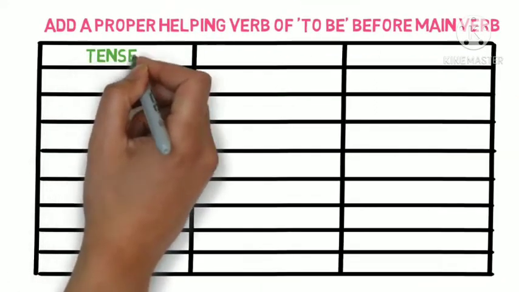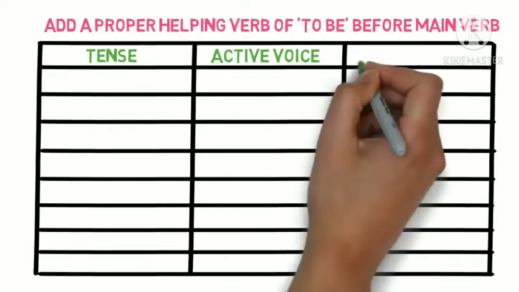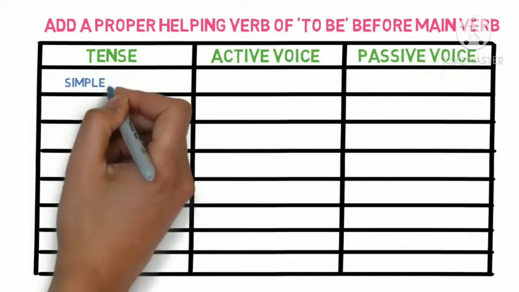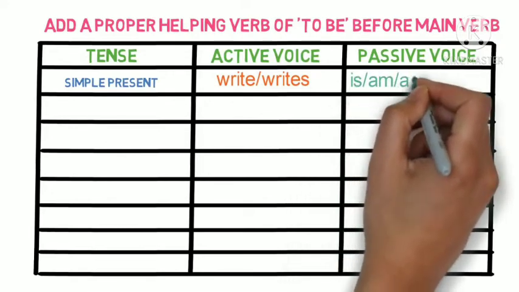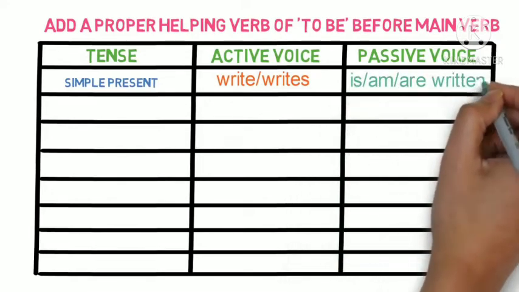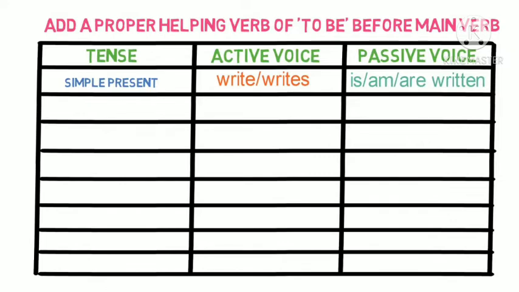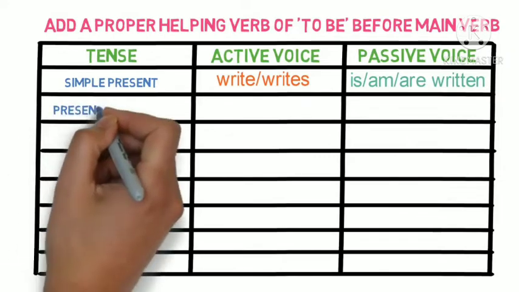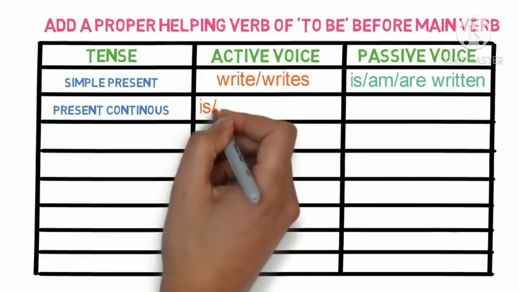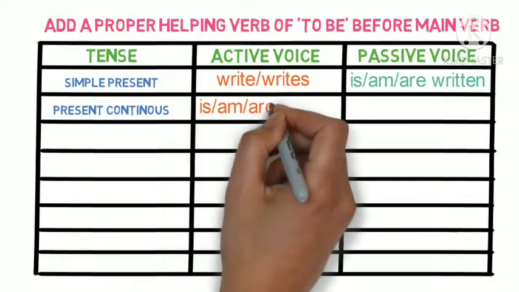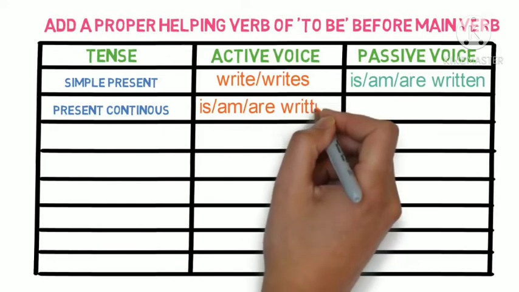Then in tenses, in active voice and passive voice, let's look at the changes. In simple present tense, the formula is the base form of the verb, write or writes. And in passive voice, it will change like this: am, is, or are, based on the subject, and written, the V3 form. In present continuous tense, the formula is am, is, are, then the ing form, that is writing.